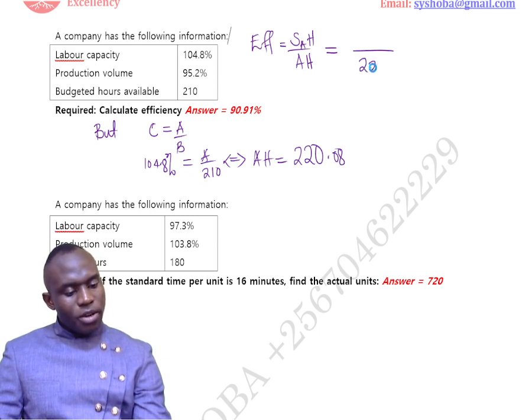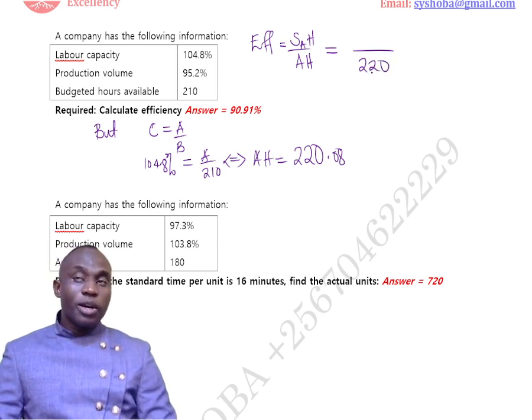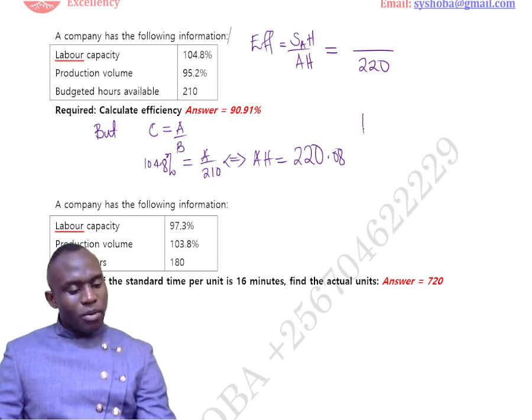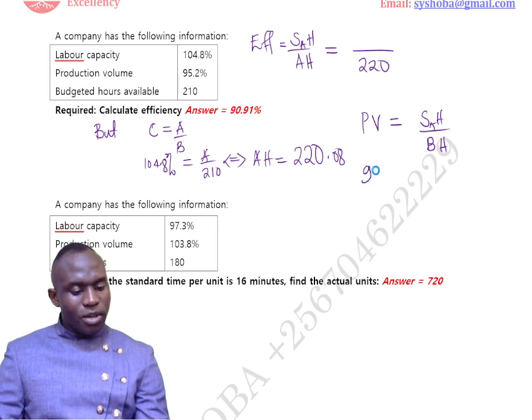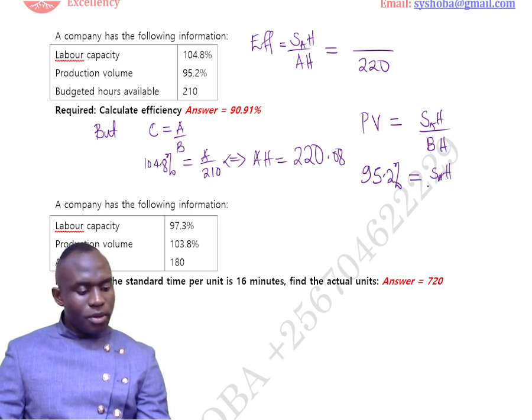It is 220. Now you see we don't have standard hours, but we have production volume. And what is production volume? Production volume is standard hours for actual units divided by the budgeted hours. So production volume is 95.2% is equal to standard hours divided by budgeted, and budgeted is 220.08.